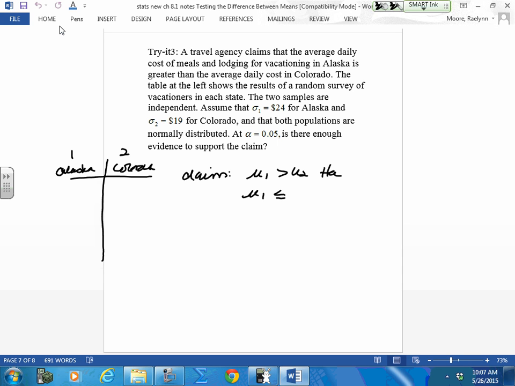Your mu 1 less than or equal to mu 2 is the H0. This you always do. Make your tail test. This has to now be 0.05, inverse norm. Use the positive since it's on the positive side. Or use the 1 minus it since it's area to the left. Okay, now the rest put in your calculator. Use your chart and that will be helpful. So Alaska, it's the charts in the book.